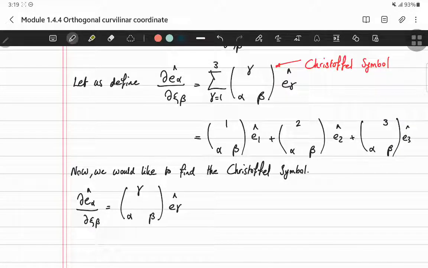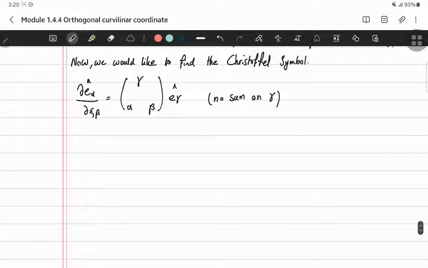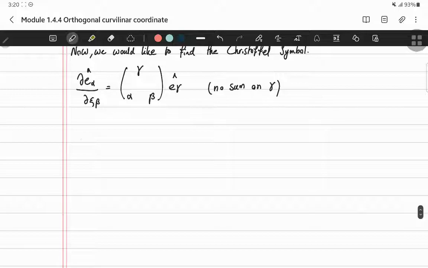And be careful, no summation on the dummy indices. I may have forgotten to put this no sum on gamma, but you have to be careful about this. So if I change this gamma to sigma, for example, let us replace gamma with sigma.